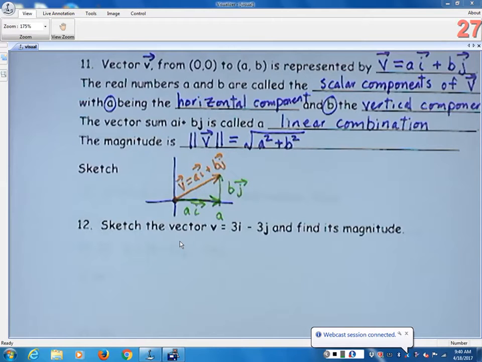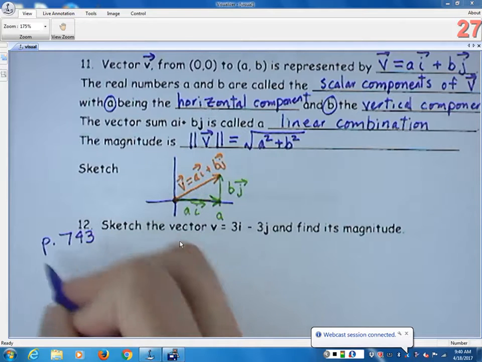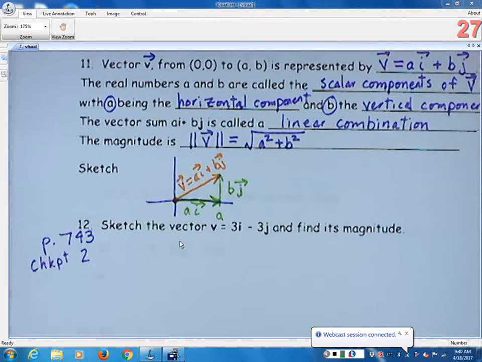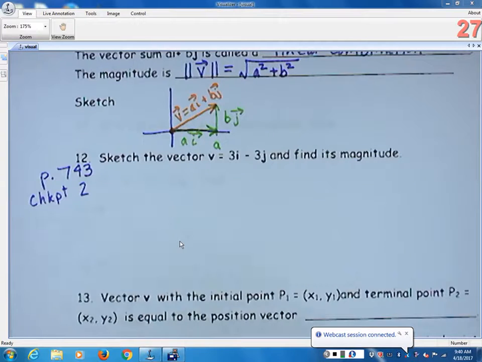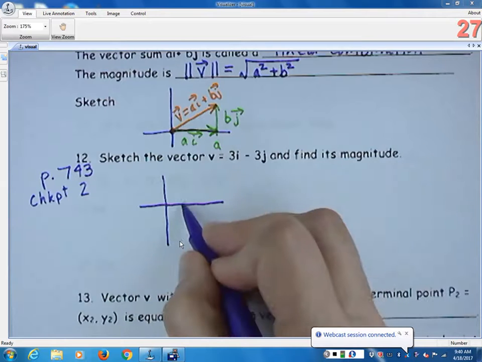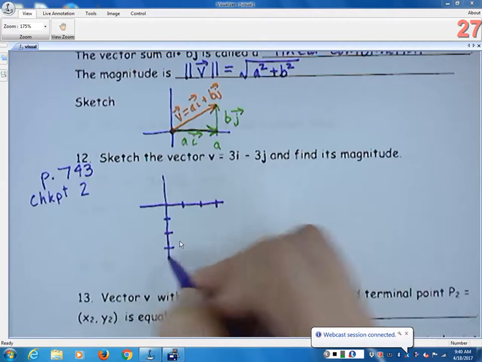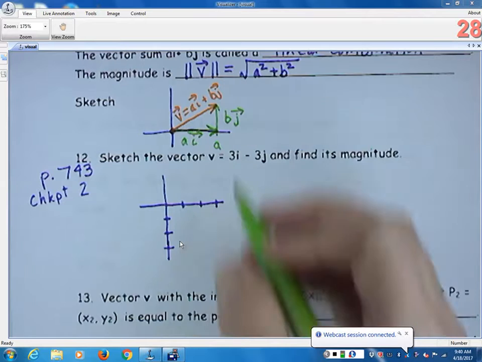So it's in your book around page 743. Okay, so we're going to sketch this vector and find its magnitude. This is page 743, checkpoint 2. So we've got 1, 2, 3, -1, -2, -3. So we have 3i here.